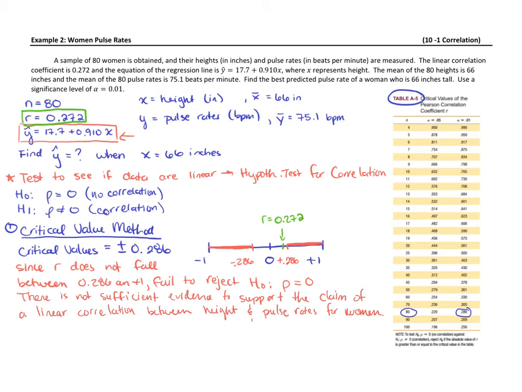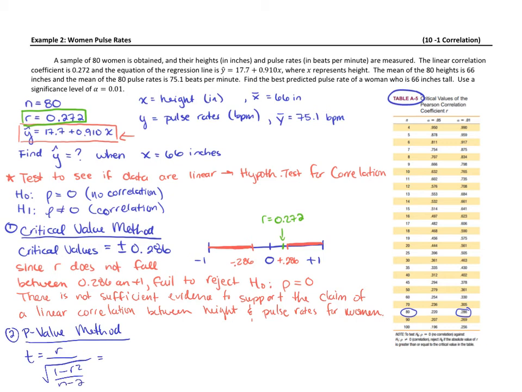If we are using the p-value method, again, because we do not have actual data values, we cannot use LinRegTTest. So we're going to have to use the formula for calculating the test statistic t, and that formula is R, the correlation coefficient, divided by the square root of 1 minus R squared over n minus 2.